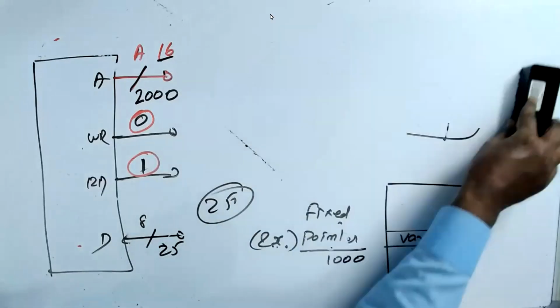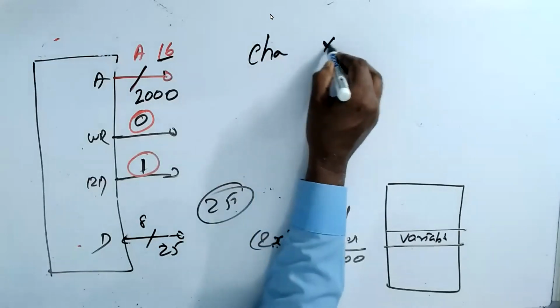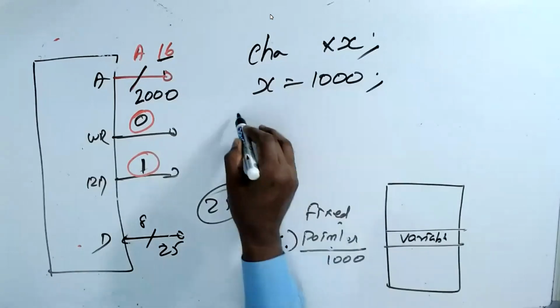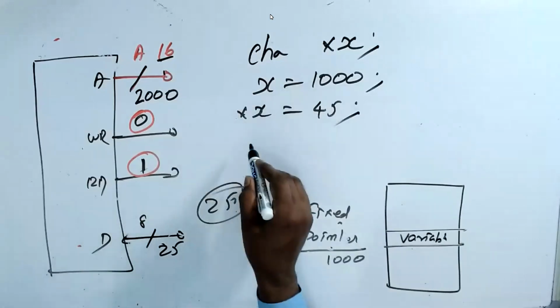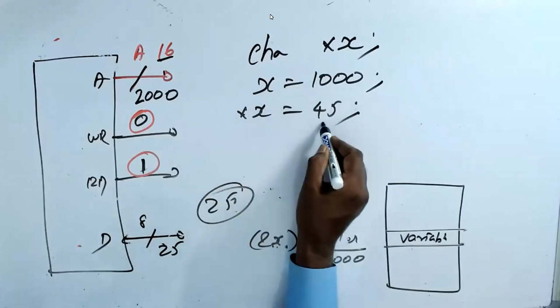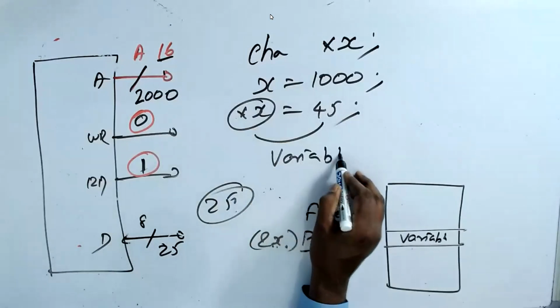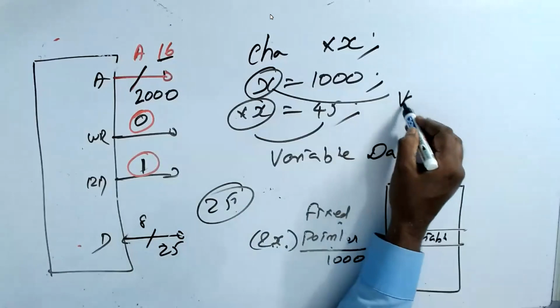But Dennis Ritchie did one beautiful thing. He says char *x is equal to 1000, *x is equal to 45. Now, in this case, your data is a variable. Variable data and variable pointer.